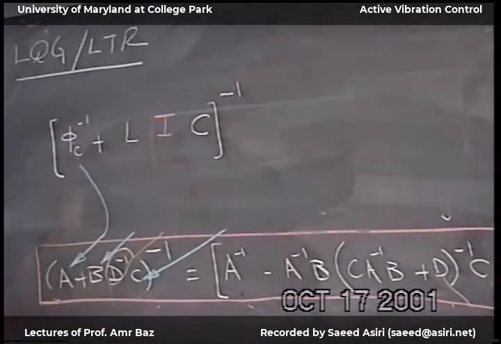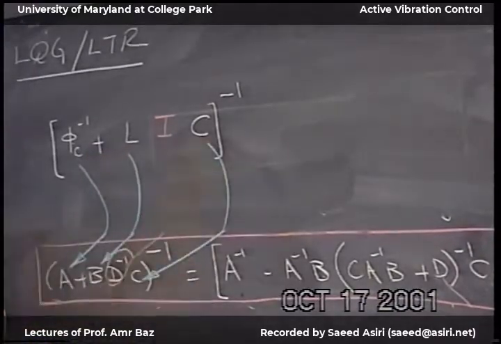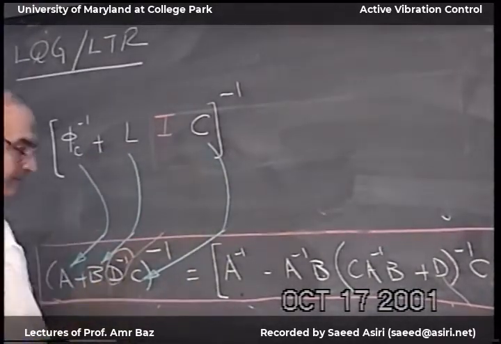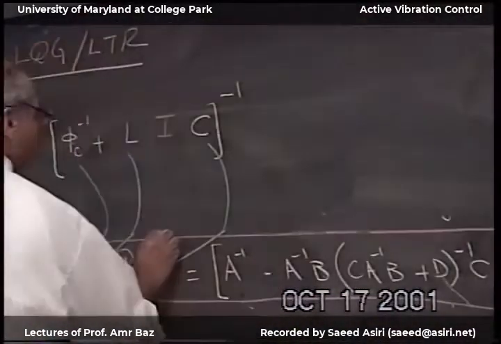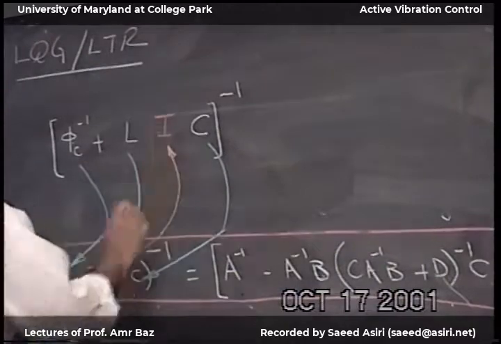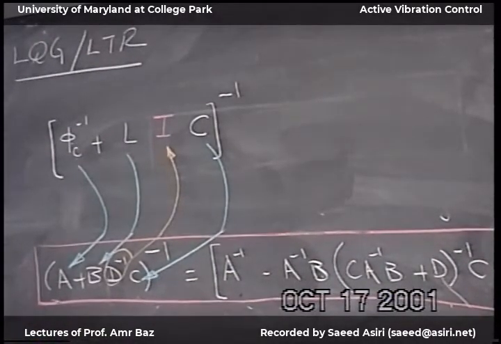This A is the B, this is the C, and this is the D. And then use it to expand this.